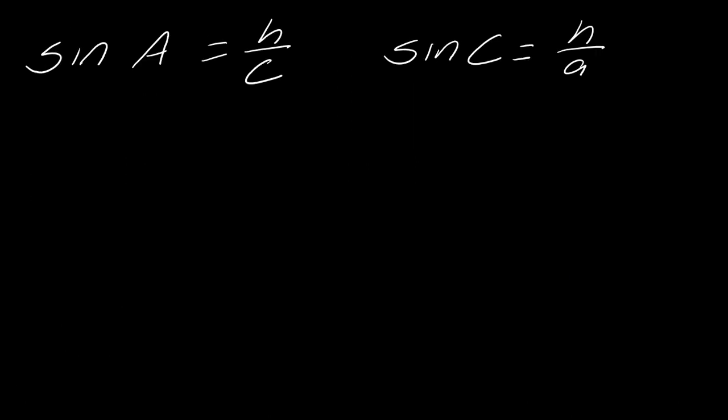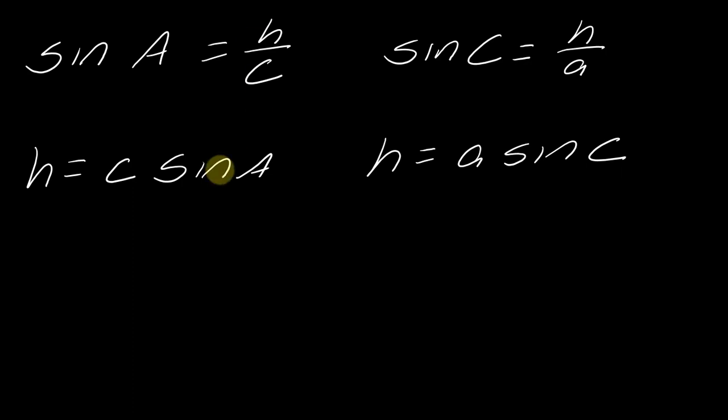So I have these two relationships, and in both cases, h is the same height, right? H is the same in both pictures. And so I can manipulate these equations and solve for h. If I solve for h in both equations, I get that h is c times sine of A, or h is a times sine of C, just rearranging.